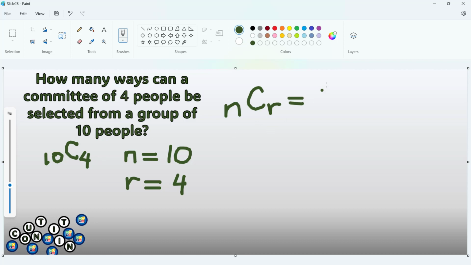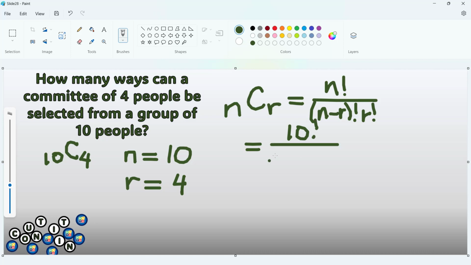The formula for combination is n factorial over (n minus r) factorial times r factorial. So your n is 10 factorial, to be divided by 10 minus 4, the result of which would be under factorial, and you will have your r, which is 4 factorial.